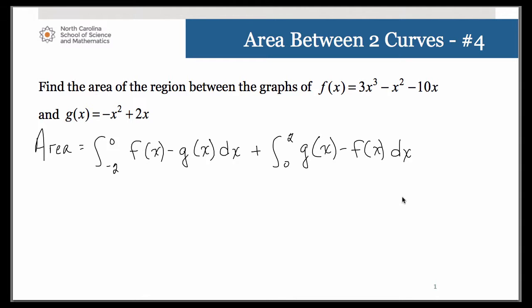So we have two different integrals to do on our calculator. I know the cubic was y1 in my calculator and the quadratic was y2, so I can make use of that as I set them up. We can do them separately and then just add our answers together.